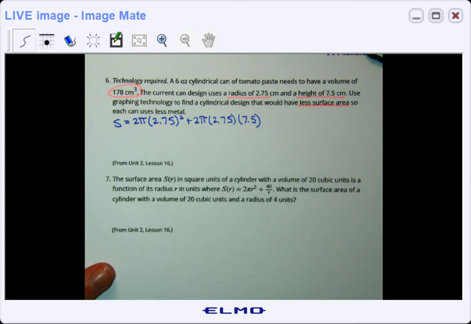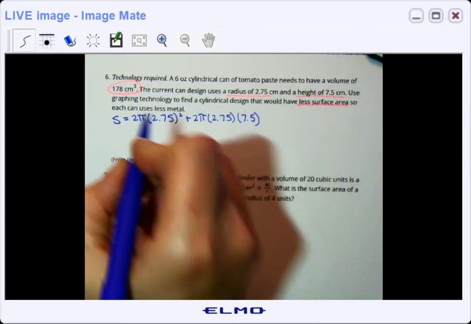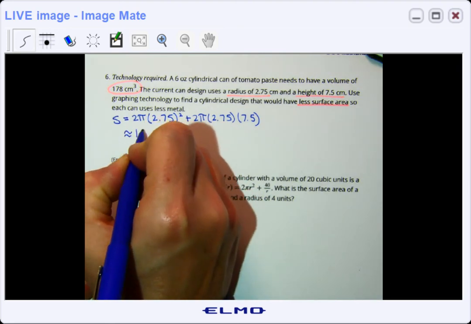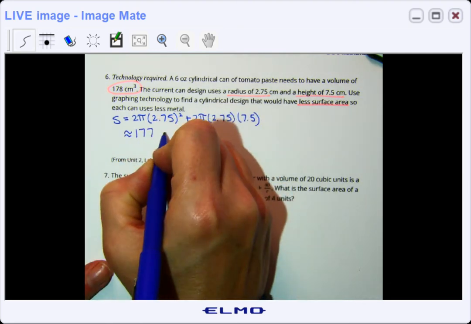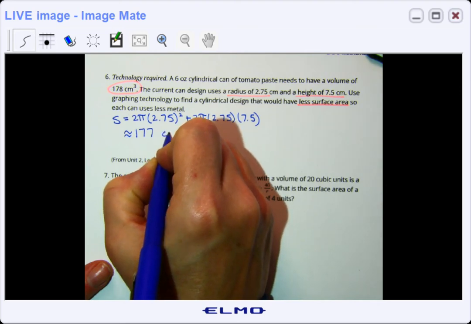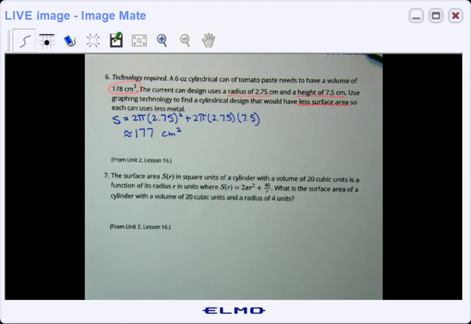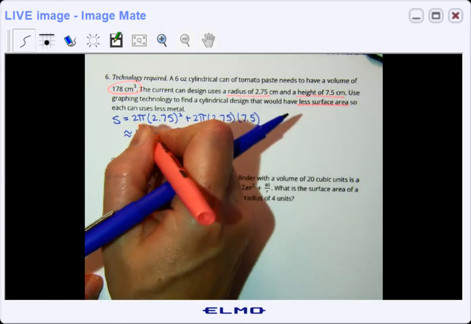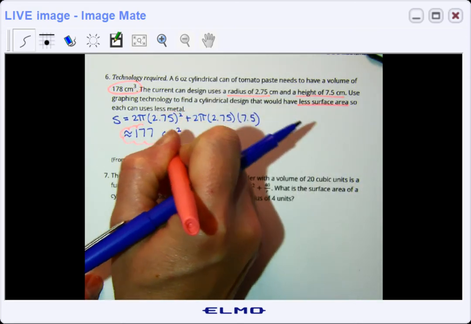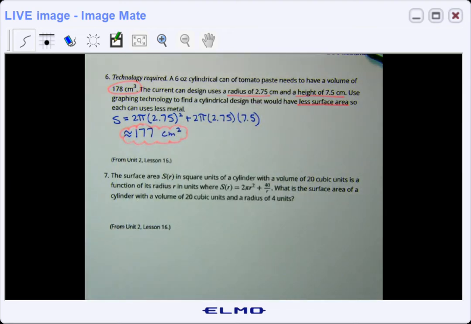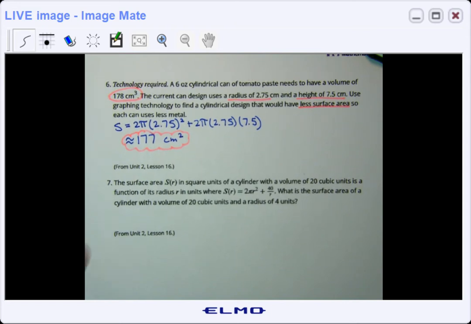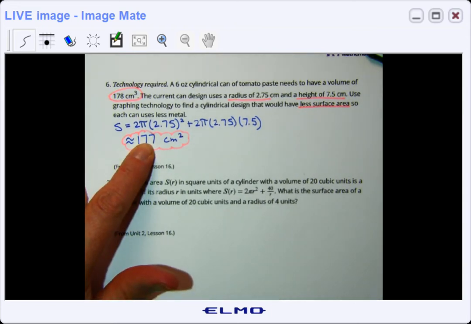When I plug that all into my calculator, I get approximately 177 square centimeters. Now that I know the current surface area, I can attempt to find the dimensions of a can with a surface area that will be smaller than this.